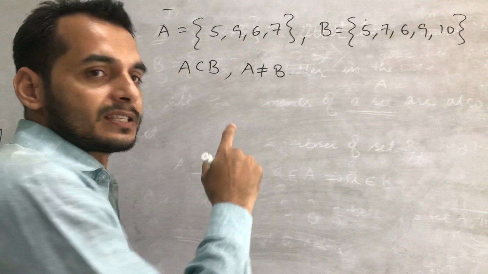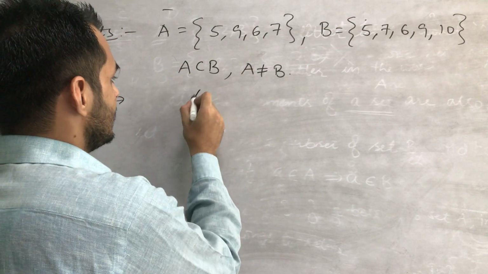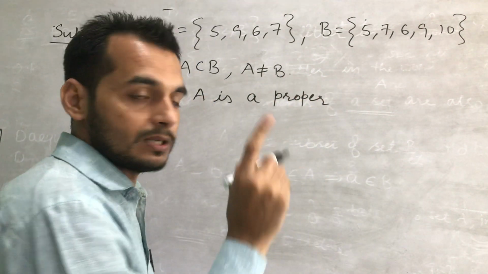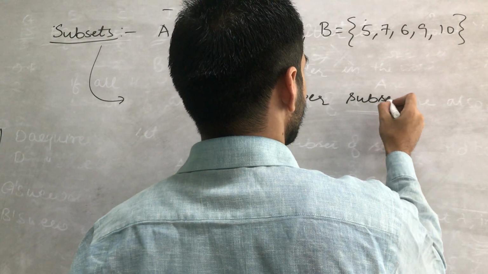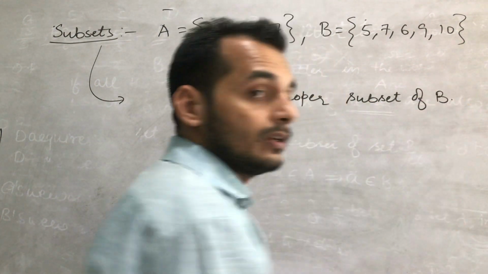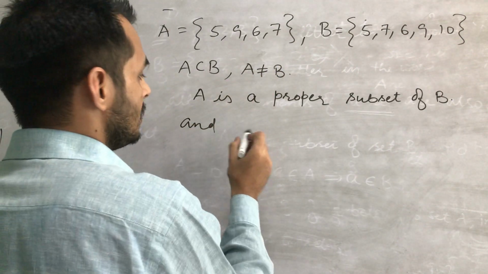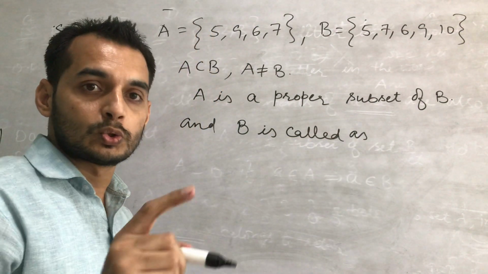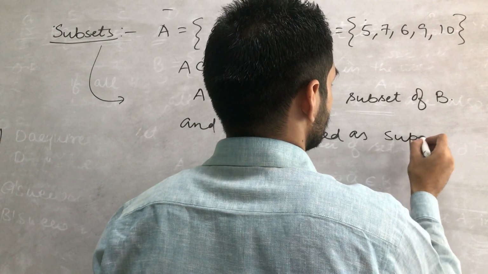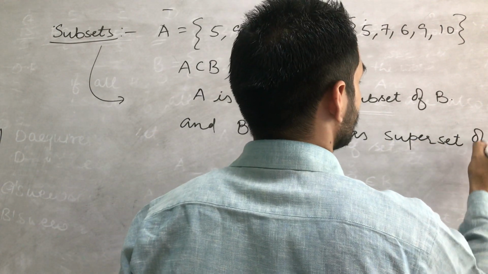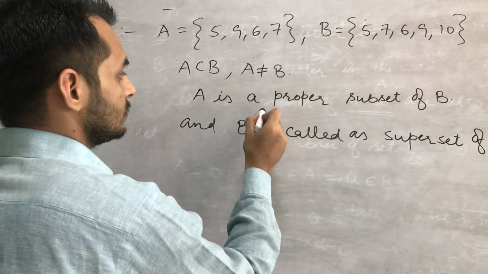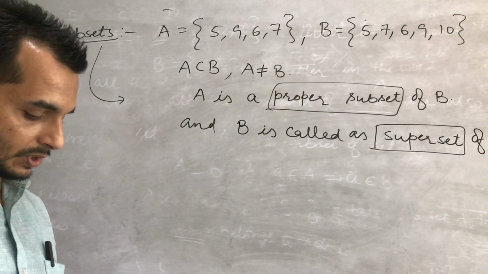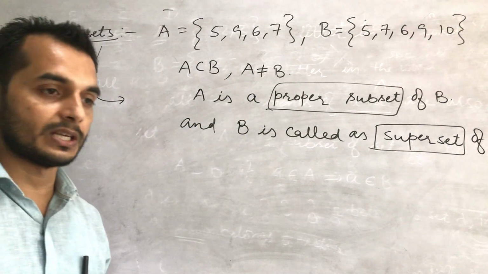So in this case we call A a proper subset of B, and B is called a superset of A.